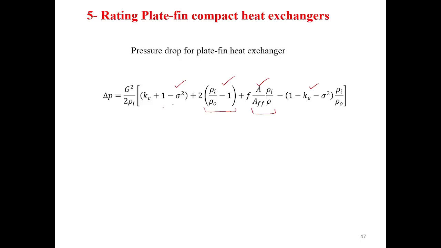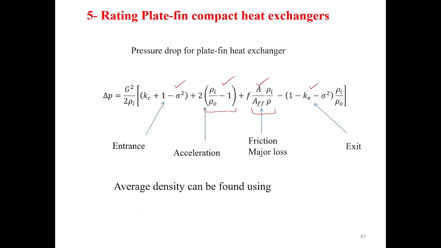This term is due to the entrance pressure drop, and the fourth term is due to the exit, if we have some kind of pressure drop due to exit condition of the flow for either side, side 1 or side 2.